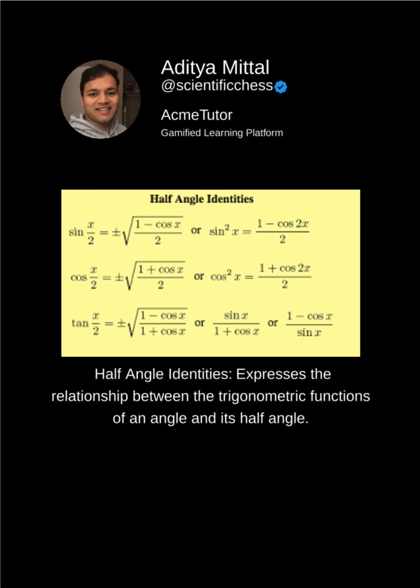All right, so half angle identities, same kind of thing. This time, instead of adding up the angles, we are dividing by 2.